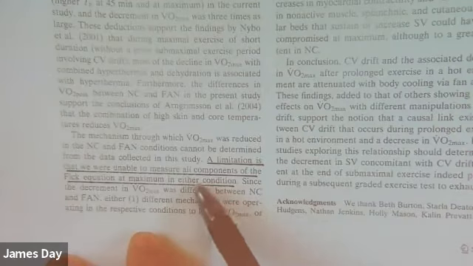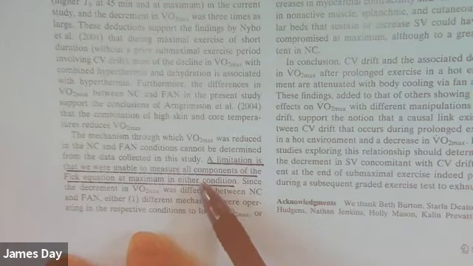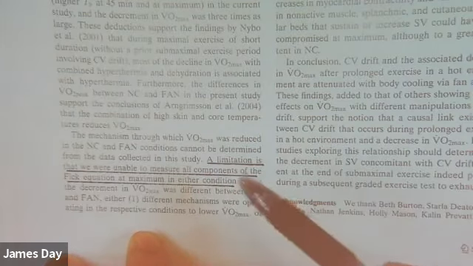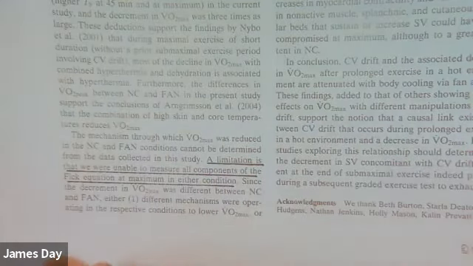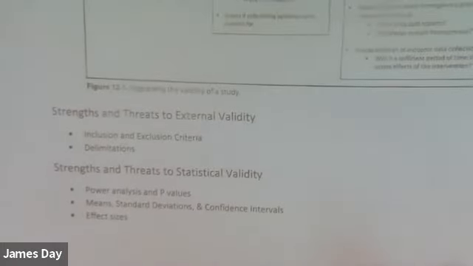So they know that cardiac output was different, but they don't know why. In all reality, from my point of view, I don't really care why. I care whether or not my manipulation somehow affected the things that create cardiac output. So for me, that's probably not going to be a threat to external validity.